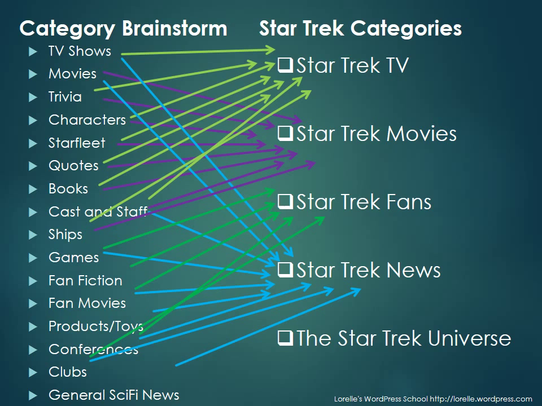Now, what are we going to put in the Star Trek universe? Well, I don't know what we're going to put because I'm rather stymied. Everything in that list goes in the Star Trek universe, right? But truthfully, what does that mean? What is the Star Trek universe?